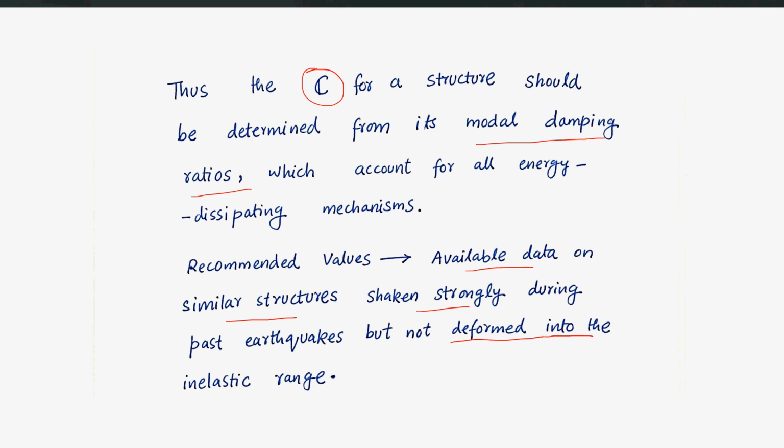Similarly, the classical modal analysis is also not consistent with non-classical damping. So the available data should be based on the experimentation of structures which were shaken strongly during an earthquake, but not that strongly that they were brought into the inelastic range.